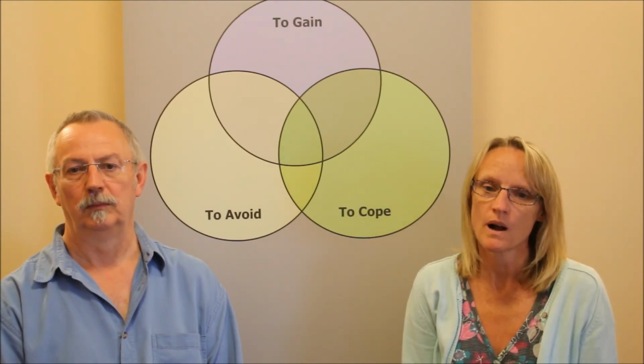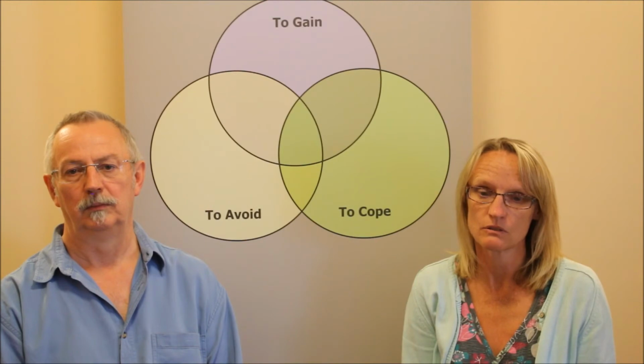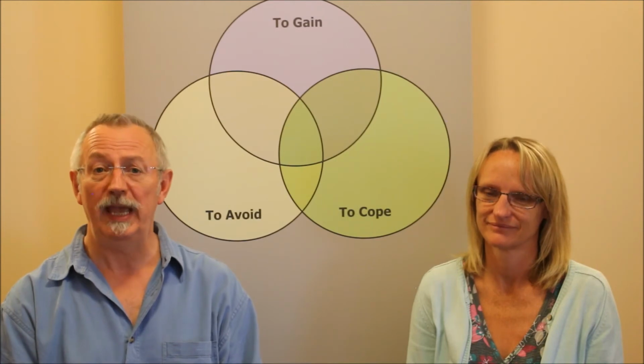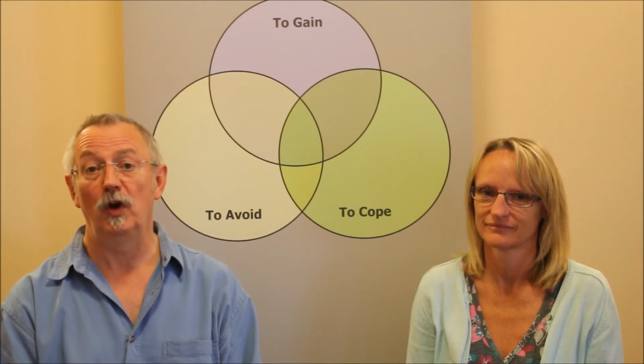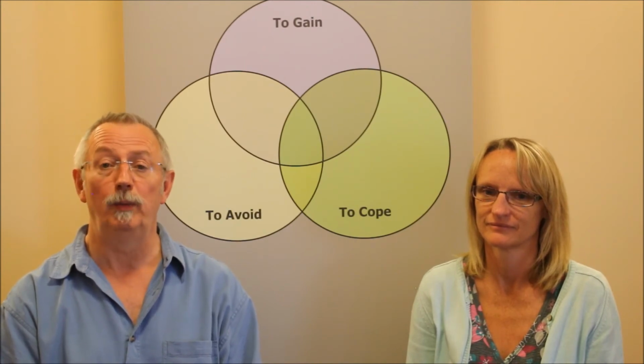You will be aware why the behaviour is useful and thus in a better position to make it less useful or even not work at all. Unless you help the person to find a new behaviour that replaces the old behaviour to gain, avoid or to cope, it will be difficult to change the old behaviour.